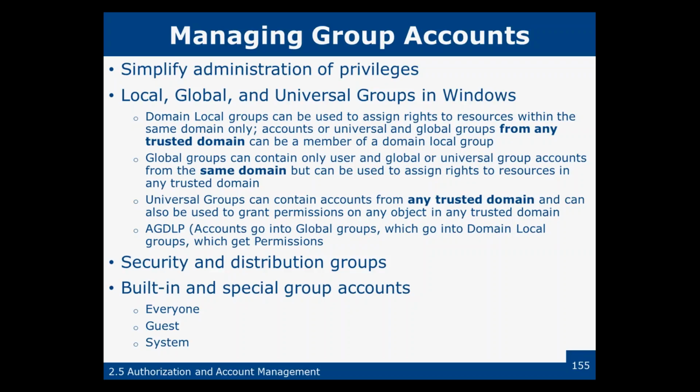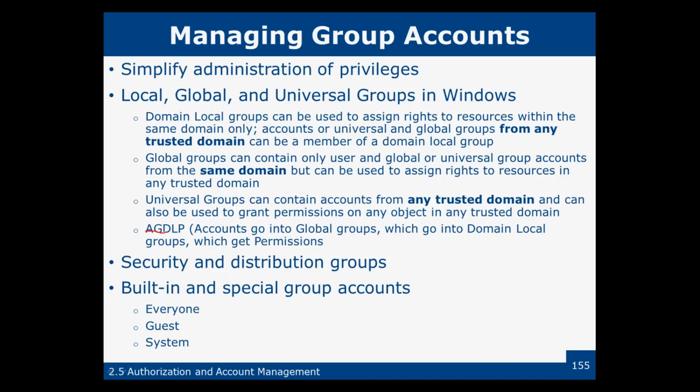They can have accounts in them from any trusted domain, and then they can give permissions to resources in any trusted domain. So universal groups can have users from multiple domains added to them, and then they can give access to resources in multiple domains.